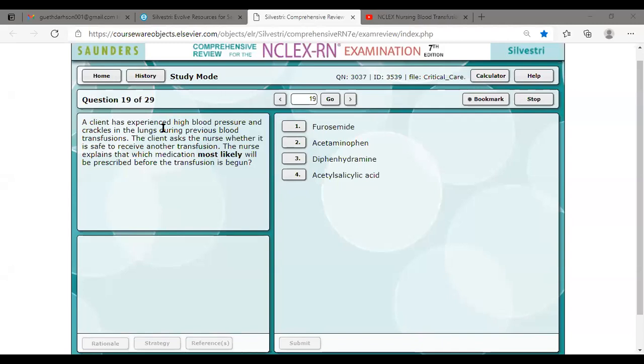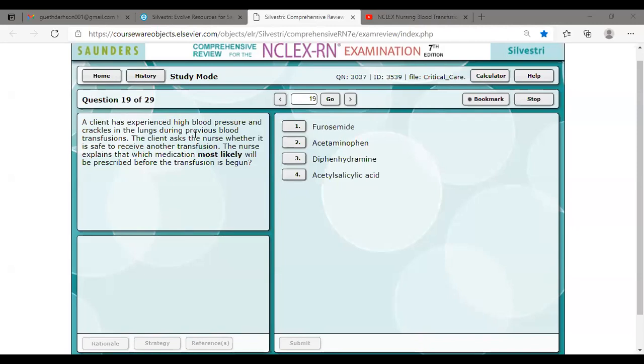In this question, a client has experienced high blood pressure and crackles in the lungs during the previous blood transfusion. When we take the history from the patient, we ask whether they had any blood transfusion reaction before.